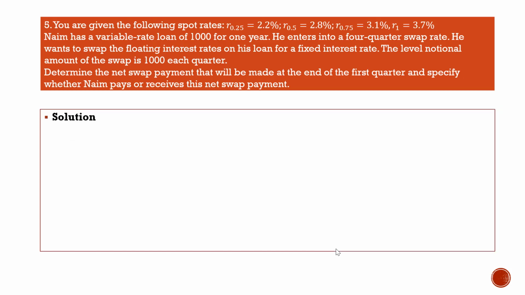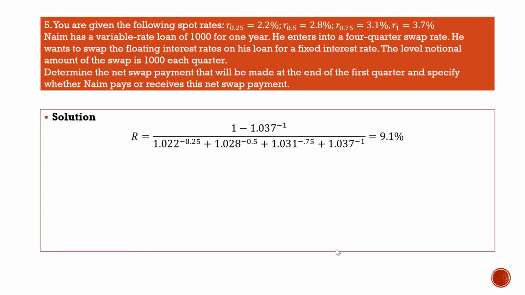Here the swap interest rate is R, which is equal to 1 minus 1.037 to the negative 1 over 1.022 to the negative 0.25 plus 1.028 to the negative 0.5 plus 1.031 to the negative 0.75 plus 1.037 to the negative 1, which is 9.1%.